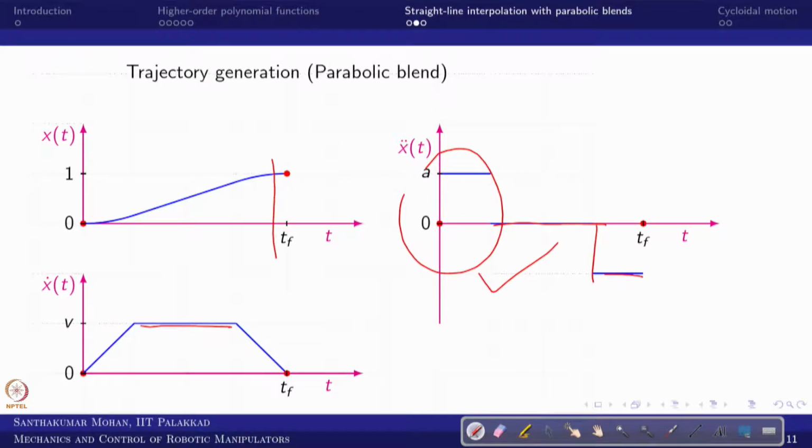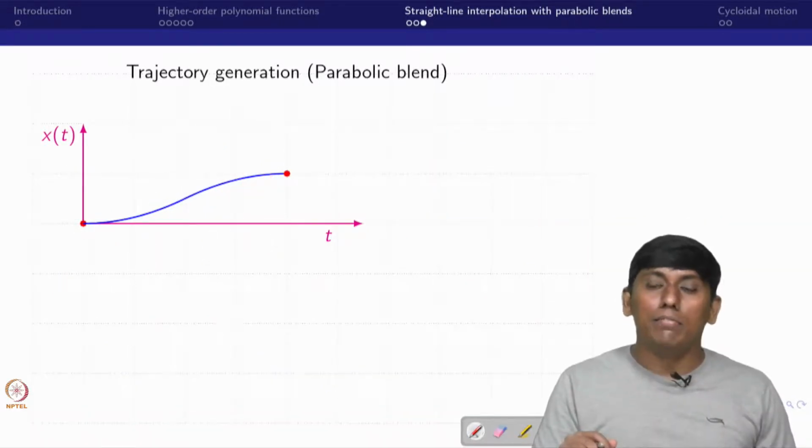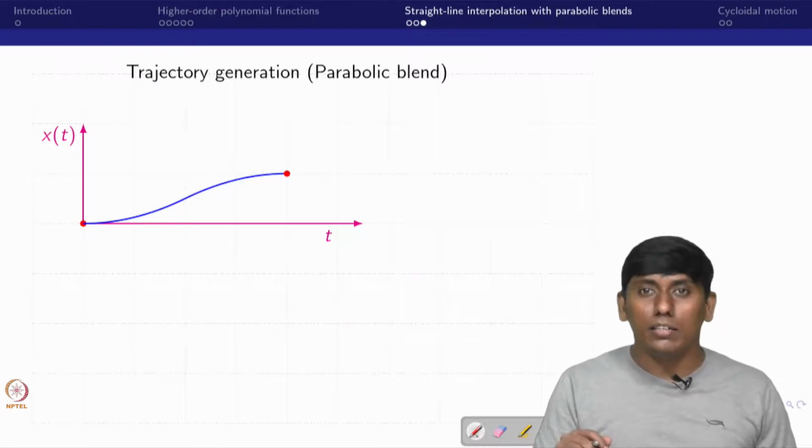Now this blend can be made small instead of big, or you can make it big according to your joint restrictions. For example, if your motor has a certain speed restriction, you can make the blend accordingly.